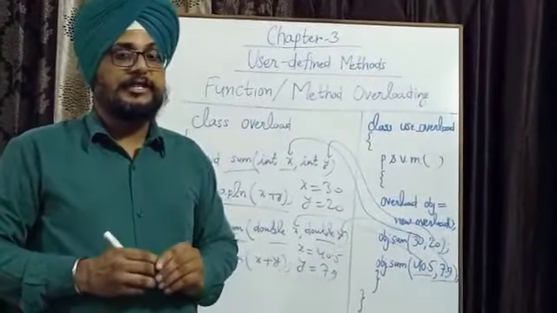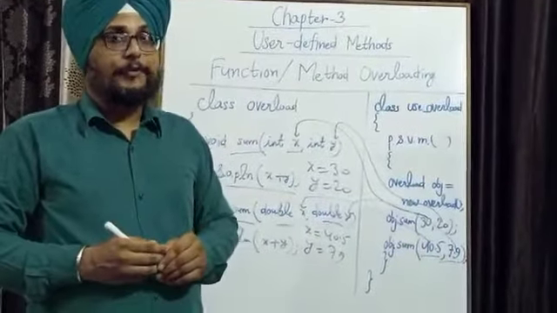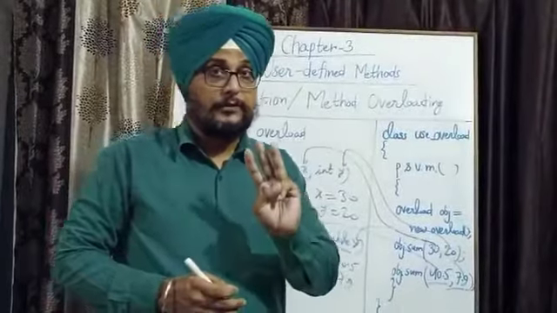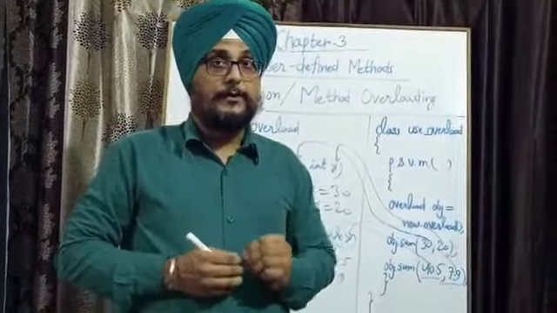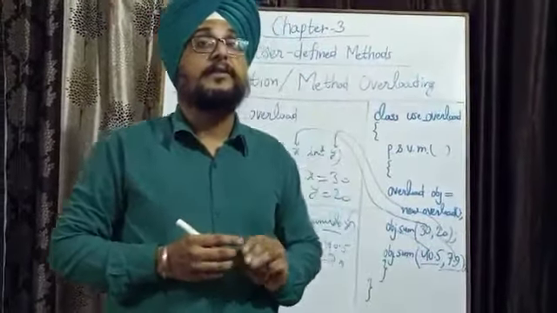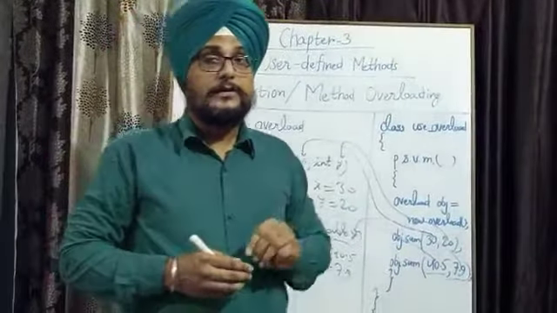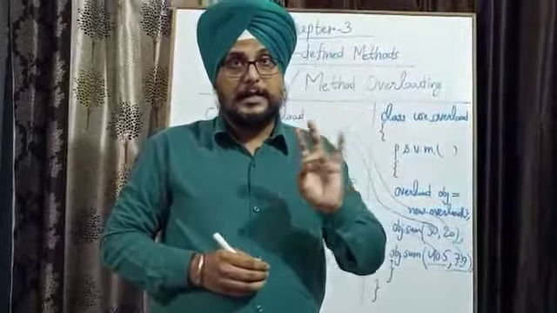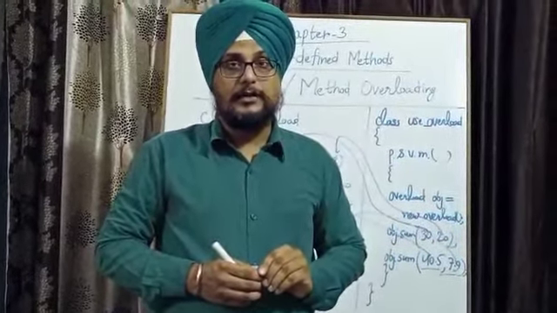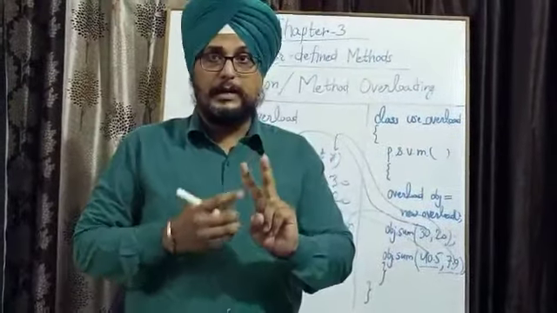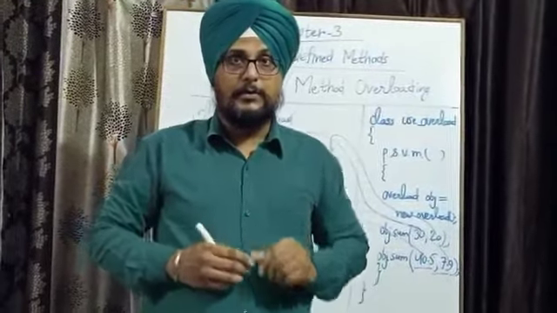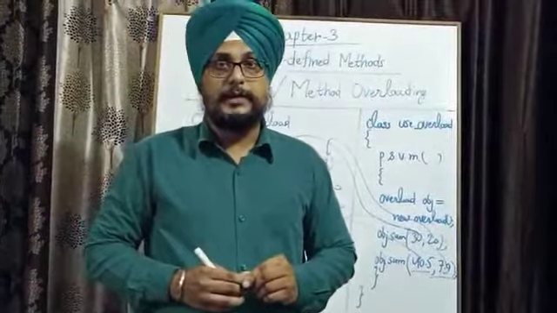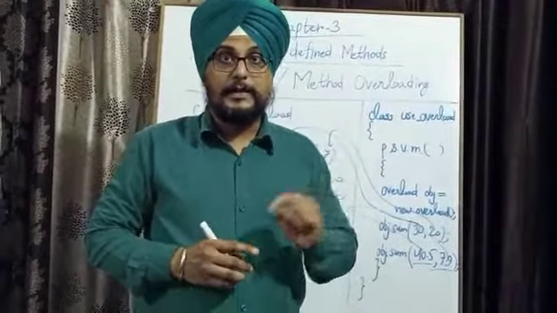So what will be the change here? For a triangle, if you want to find the area, you need to pass three parameters. If I talk about Heron's formula, under root s(s minus a)(s minus b)(s minus c), what is the requirement here? Three parameters, a, b, c. For the area of a rectangle, only two parameters are required, length and breadth. For a circle, only one parameter is required, that is the radius, and the formula is pi r square.